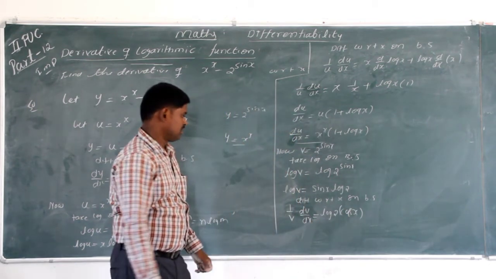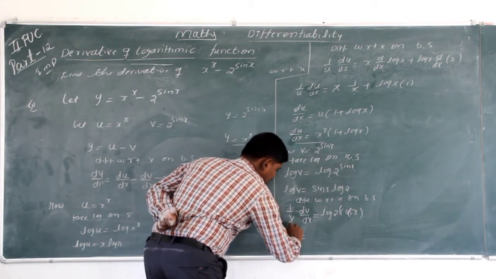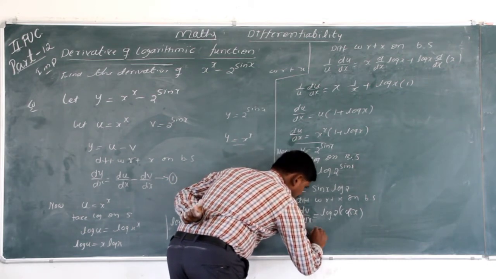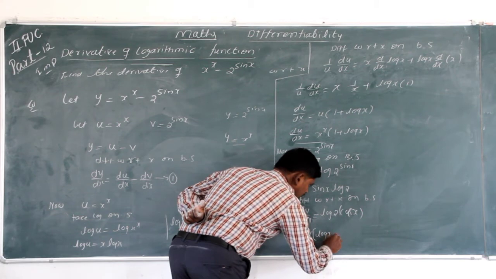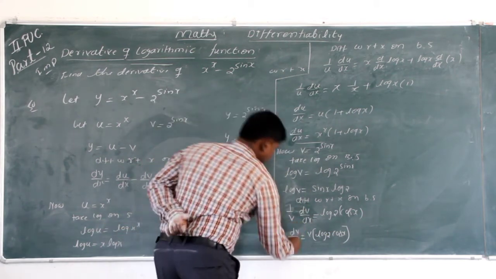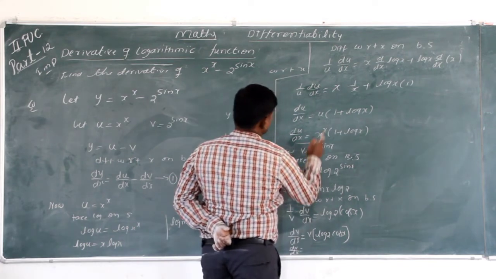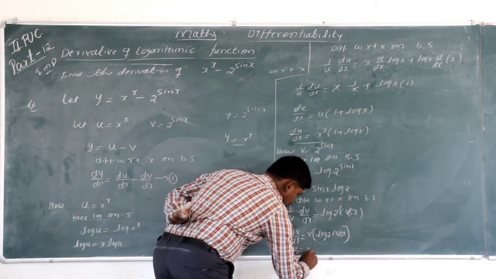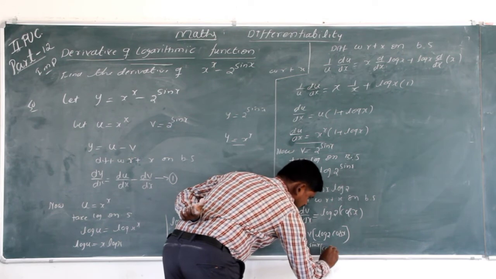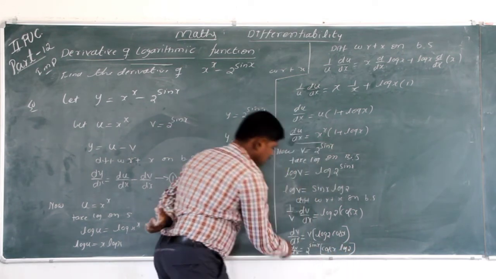So dv by dx is equal to v into log 2 into cos x. What is v here? v is 2 to the power of sin x. So dv by dx is equal to 2 to the power of sin x into cos x into log 2. So this is dv by dx.